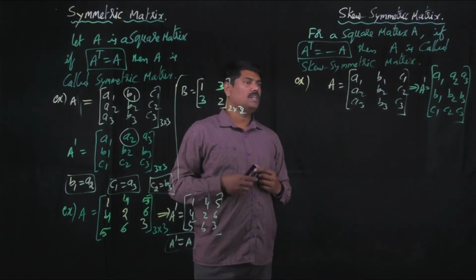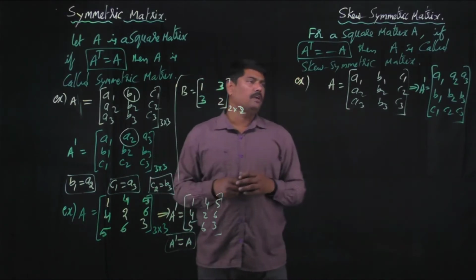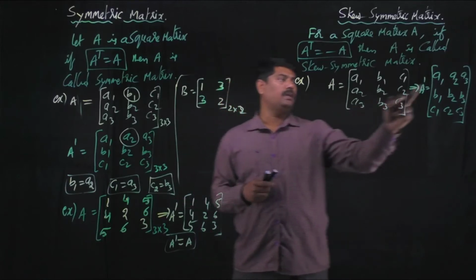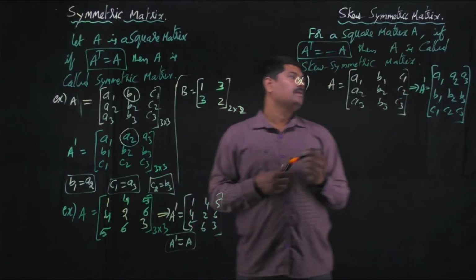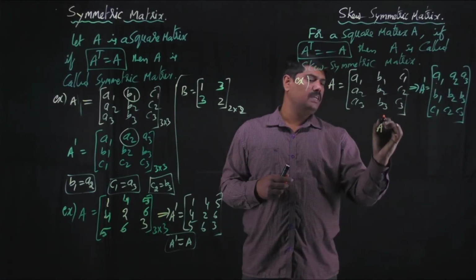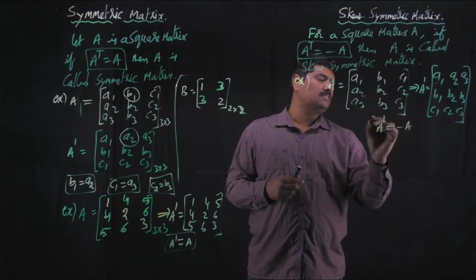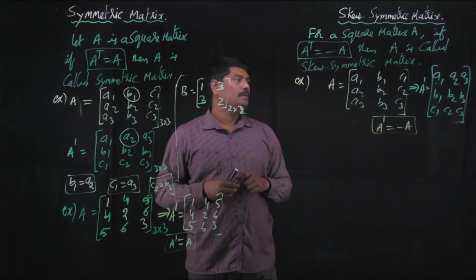So that is its transpose. Now how will they be equal? A transpose has to be equal to minus A. The concept is A dash has to be equal to minus A.